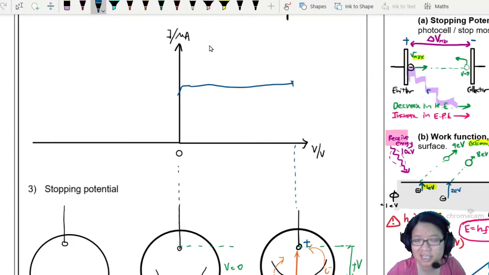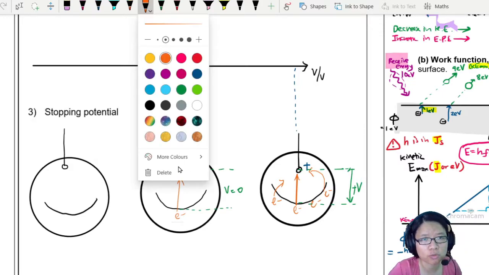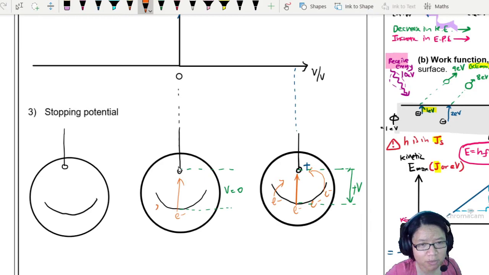The reason for this slight drop is that when this is 0 volt, some of the electrons, if we're talking about an electron with high speed, of course it will reach, no problem. But if you're talking about some random electron whose direction is a bit off, it may not reach unless I put a parallel plate.